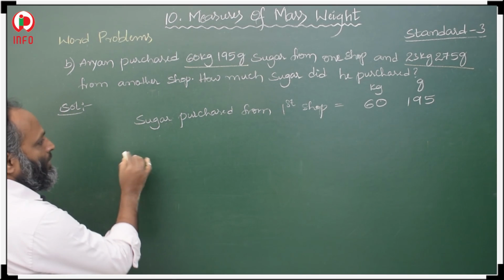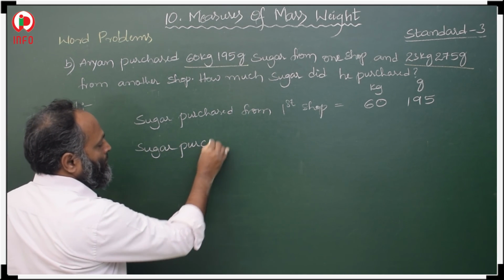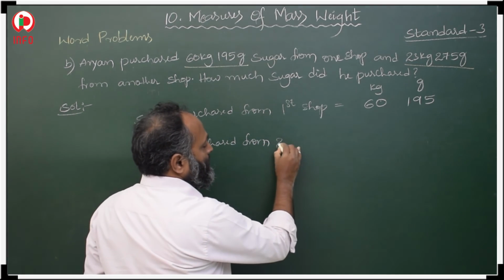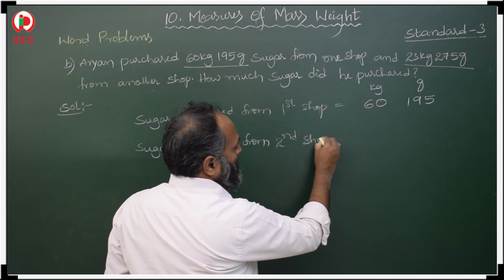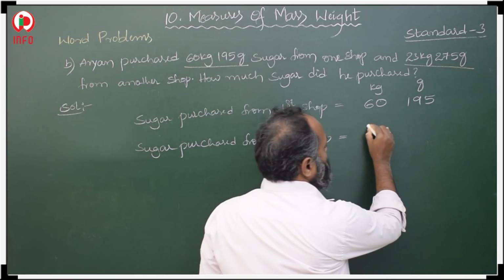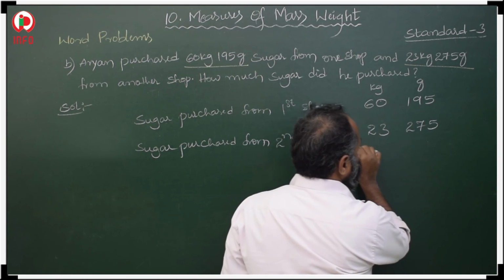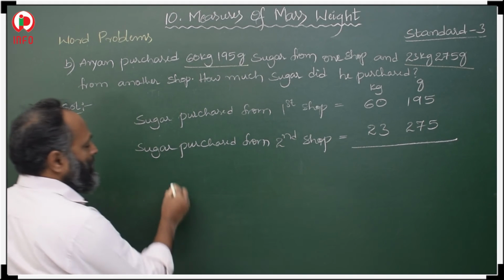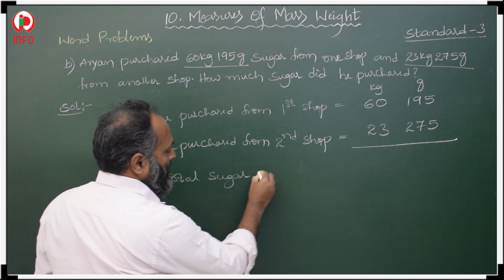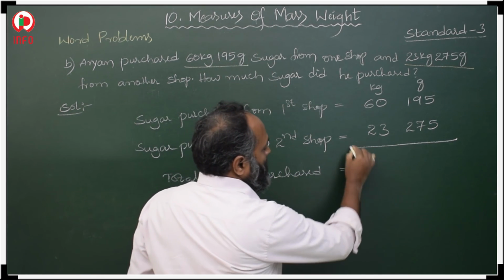Then in the second, sugar purchased from another shop, means from the second shop, that is 23 kgs 275 grams. Now total sugar purchased means addition.